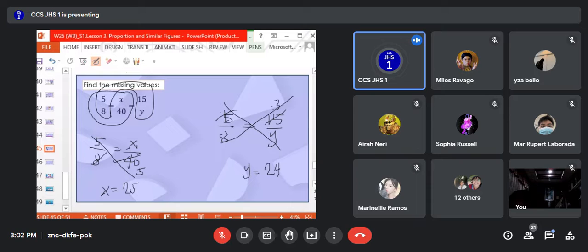We already had this one last time. Okay, copy it now. Please try to remember this one because we will be using this again in lesson number 4.